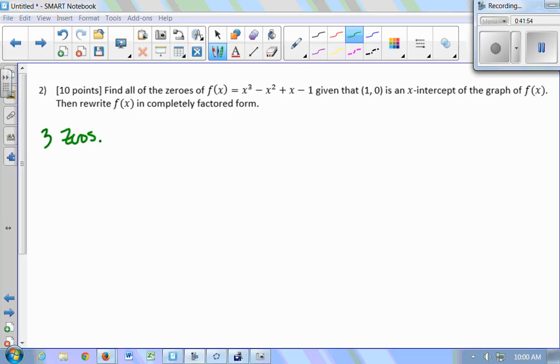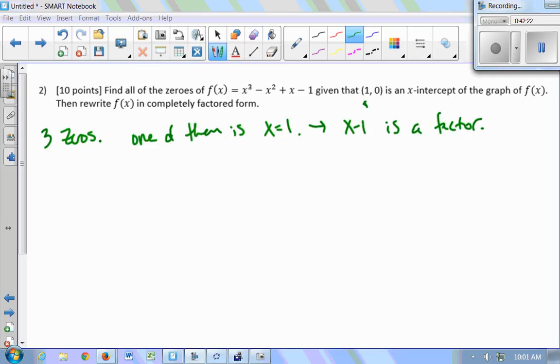So they've given you 1, which means one of them is x equals 1. The x coordinate's the only one that matters there. x equals 1 is one of my zeros. Okay, so that means x minus 1 is a factor.